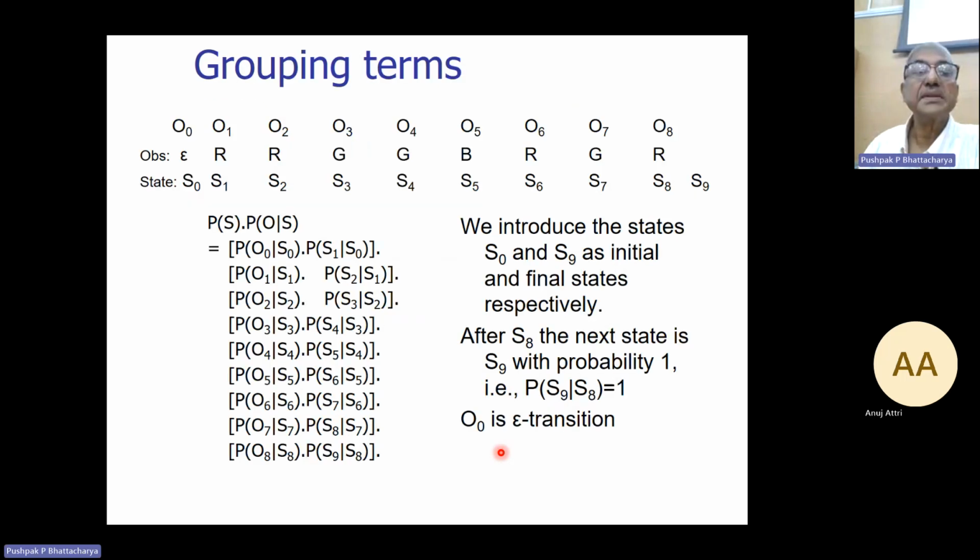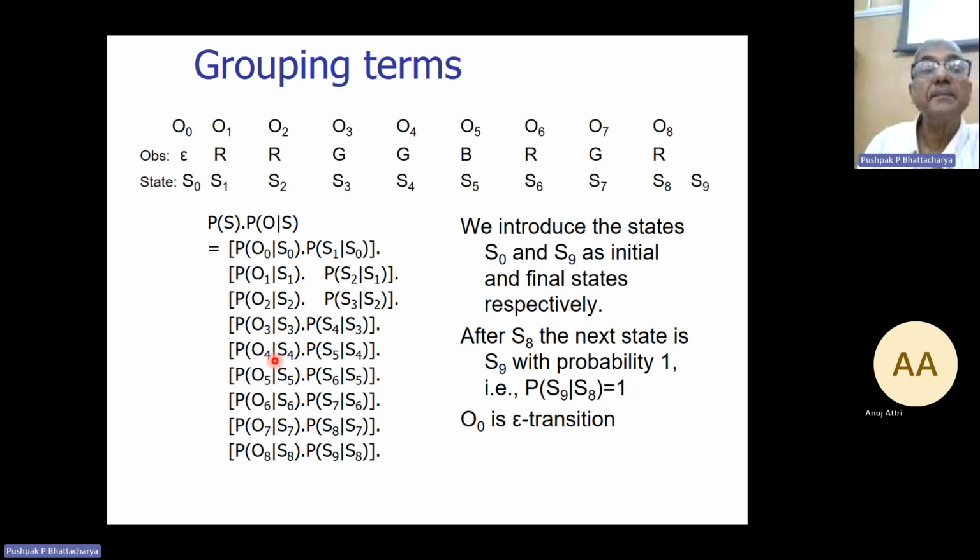So from this, we can begin to group terms. Probability of O1 given S1 into probability of S2 given S1, this is a grouping. And probability of O2 given S2 into probability of S3 given S2, and so on. So this kind of grouping is done.